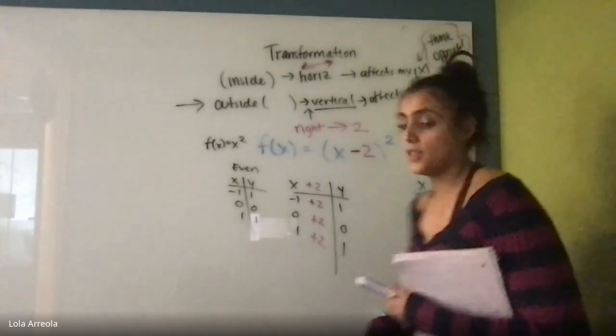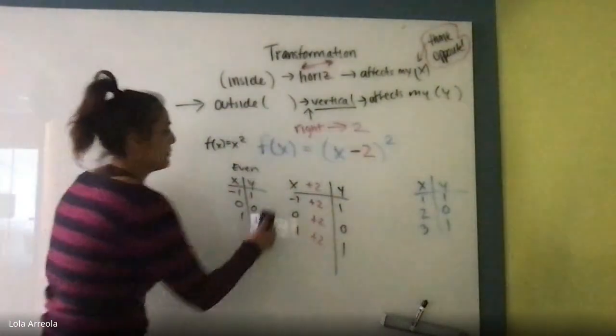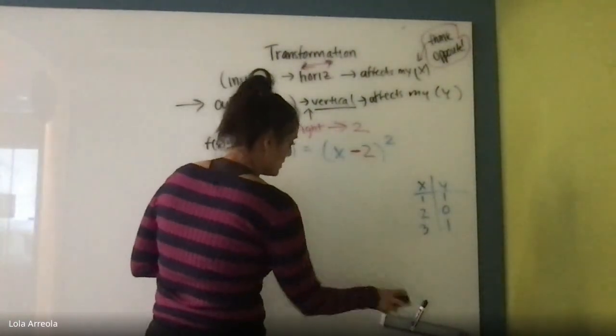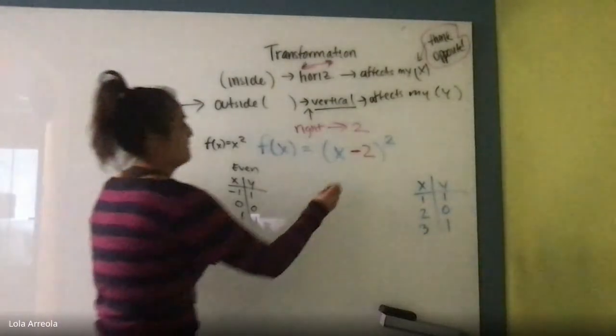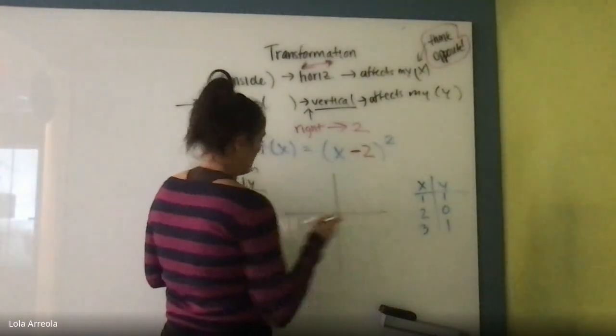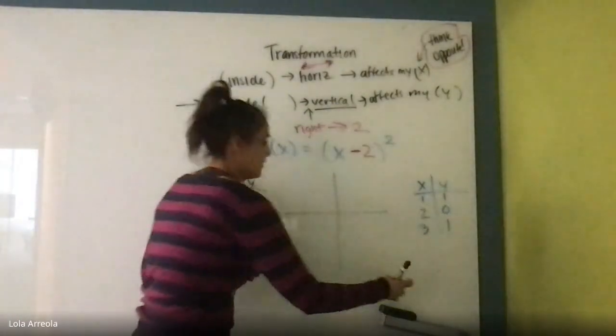Okay? Now I'm going to graph it. I'll graph both of them again at the same time so you can see how my graph moves to the right, just a little bit.